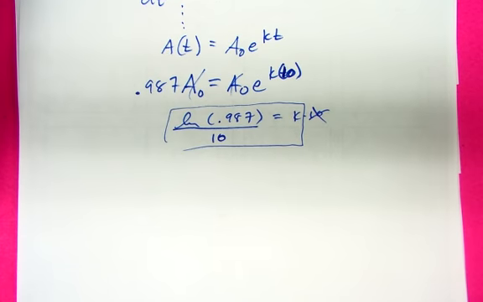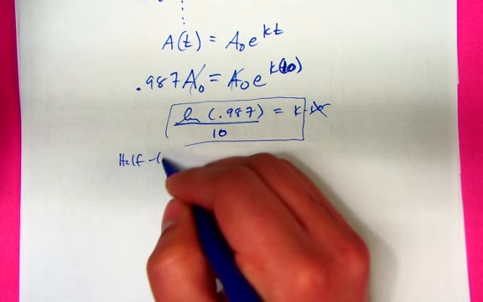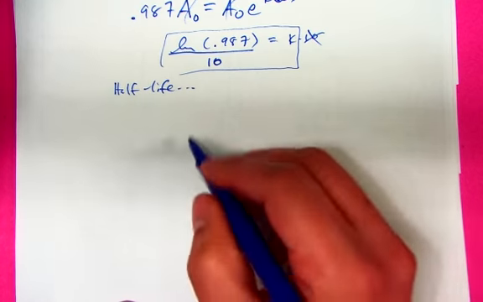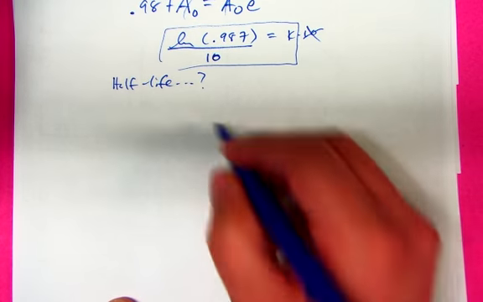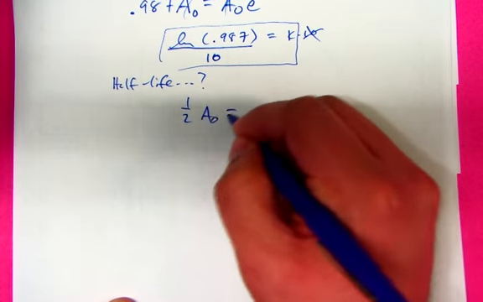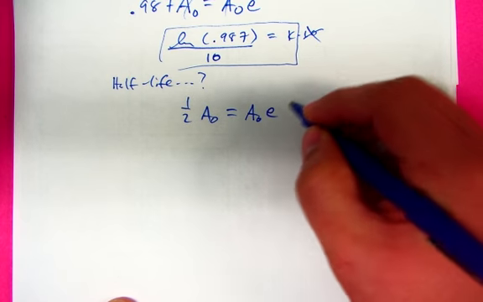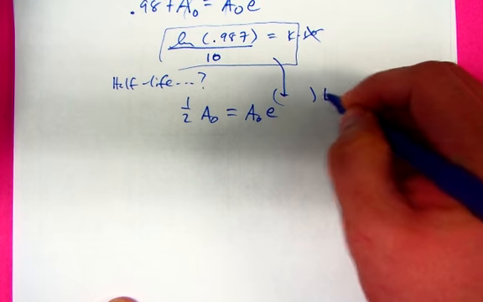Once you have the constant, to find the half-life, you set up the equation: half A naught, because that's what we want to be left, equals A naught e to the k, which is right there, times t, and then solve.